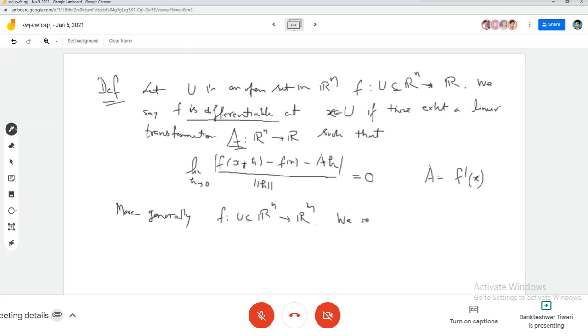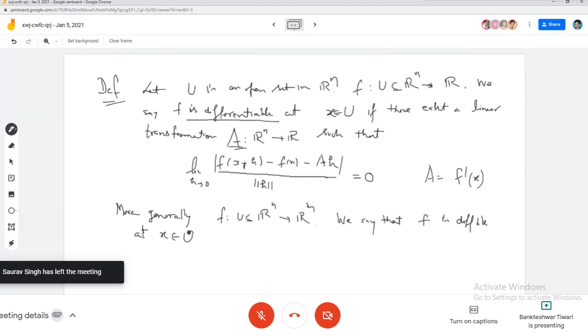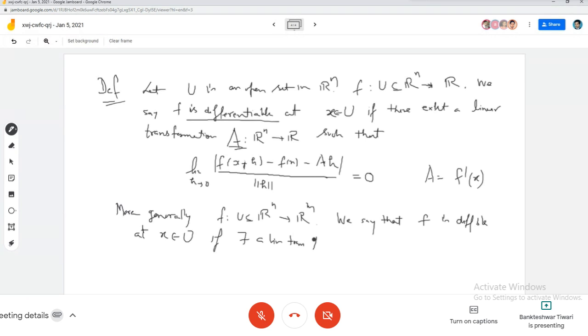Then we say that f is differentiable at a point x in U if there exists a linear transformation, say A from Rn to Rm, such that the limit as h tends to 0 of f(x plus h) minus f(x) minus Ah, divided by the norm of h, is equal to 0.